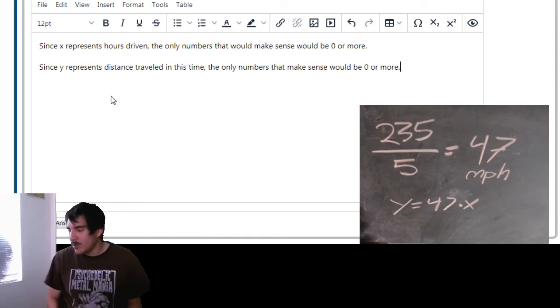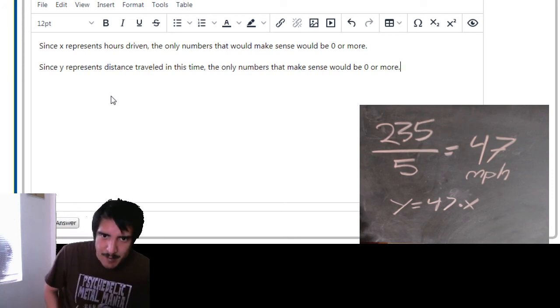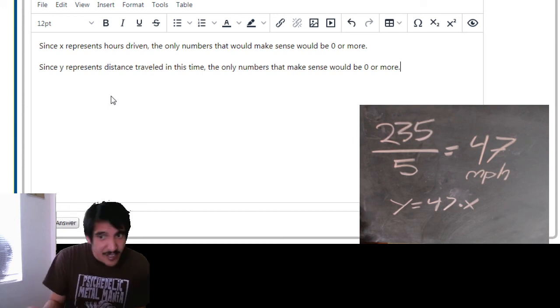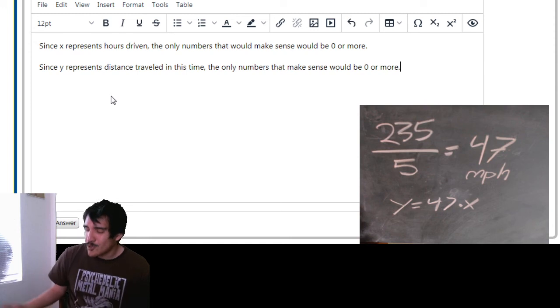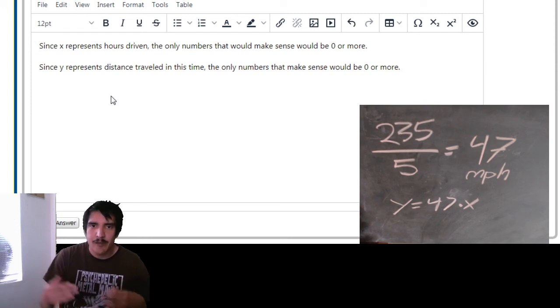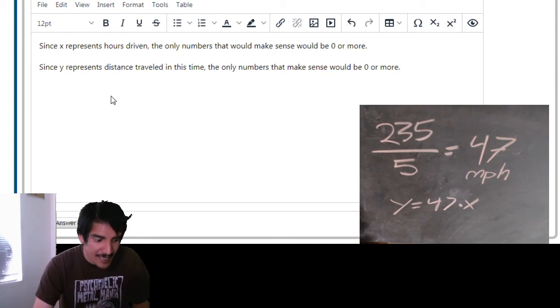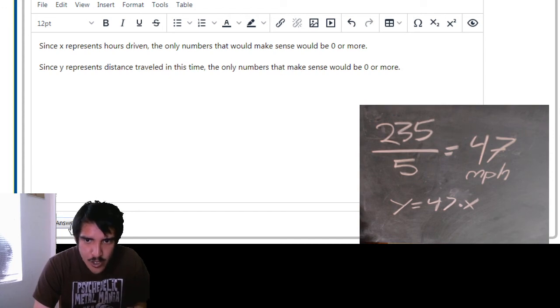Because you can't travel negative distance. Some people say, well, what if you go backwards? Is that negative distance? It's still distance. You're still traveling in a certain direction. And also, if you're driving a car, we're always talking about how far we're going. We usually don't use negative numbers when we're talking about how far a car drives.